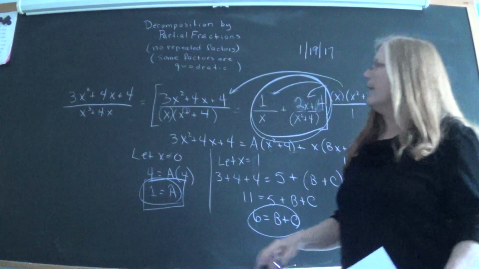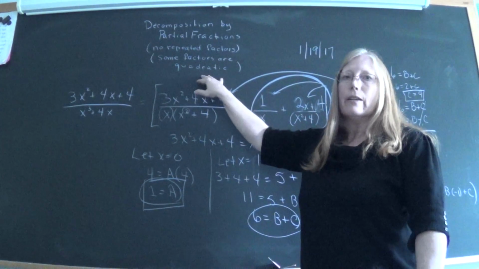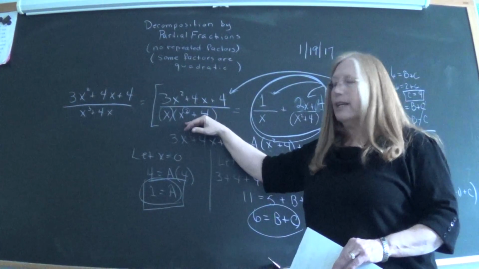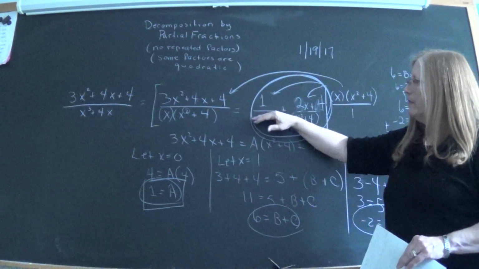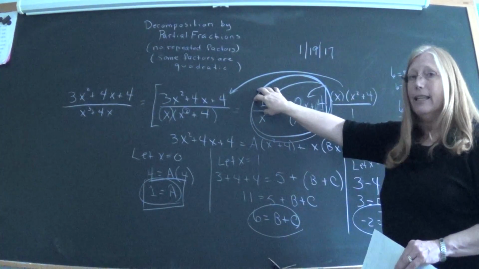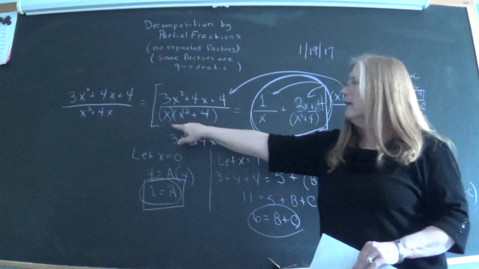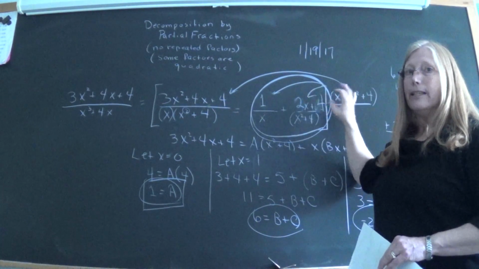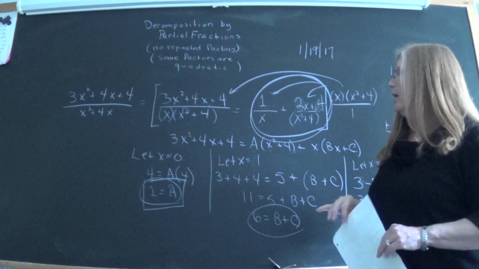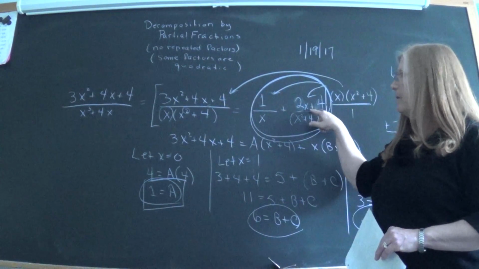Alright, recapping. Now our expressions can have quadratic factors in them, and they are going to be set up differently. Recall we had an a here over the linear factor, but over the quadratic factor I put a linear expression. Linears have a variable of degree 1 in them, bx plus c.